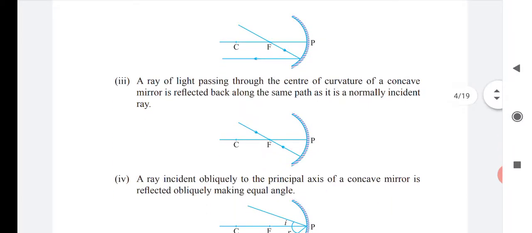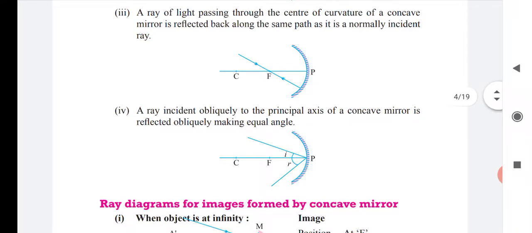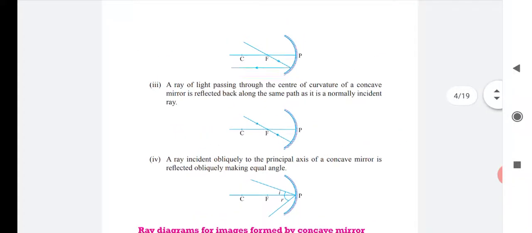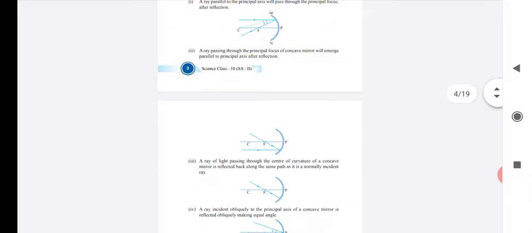Third, if you send a ray through the center of curvature, after reflection it follows the same path. Fourth, if you send a ray obliquely, the ray will reflect obliquely, making equal angle, that is, angle of incidence is equal to angle of reflection. These are the rules you need to understand before understanding the image formation.